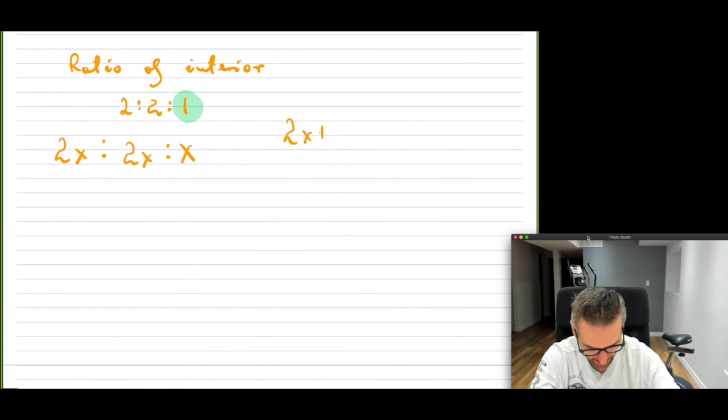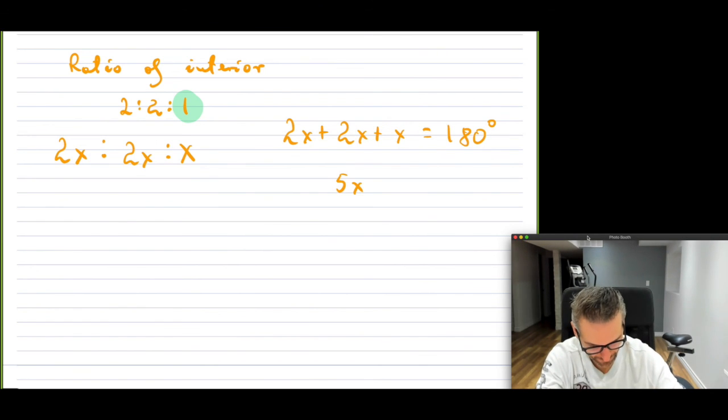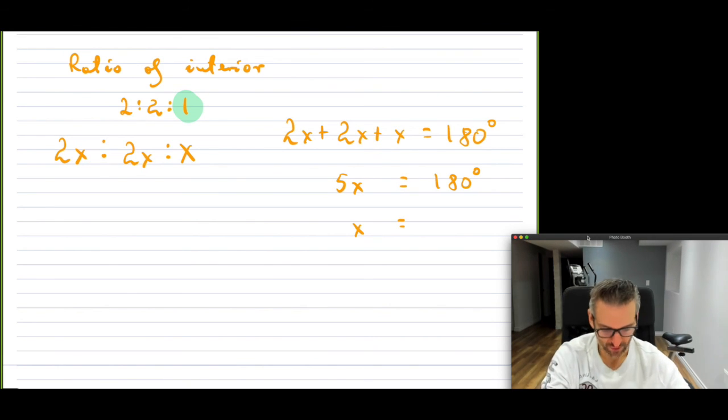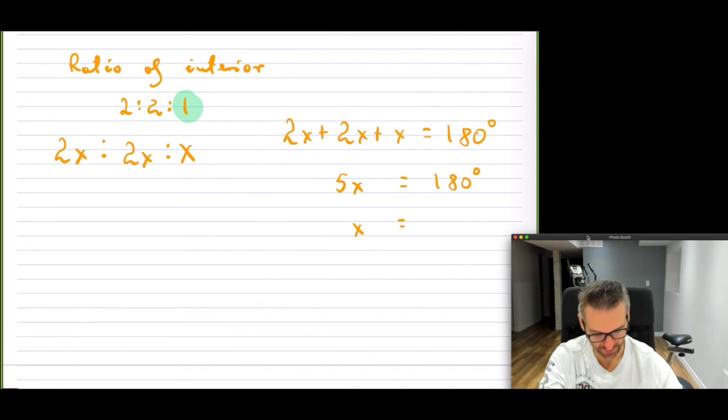So I have 2x plus 2x plus x equal to 180 degrees. So this is 5x equals 180 degrees. Now we divide 180 by 5, which is just 36.